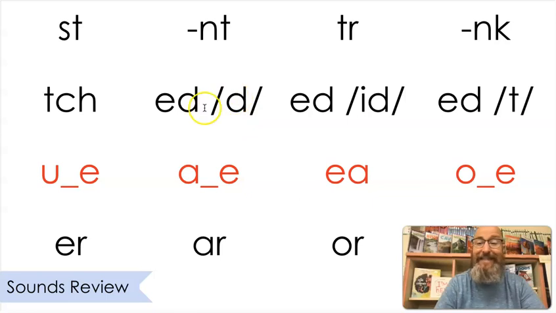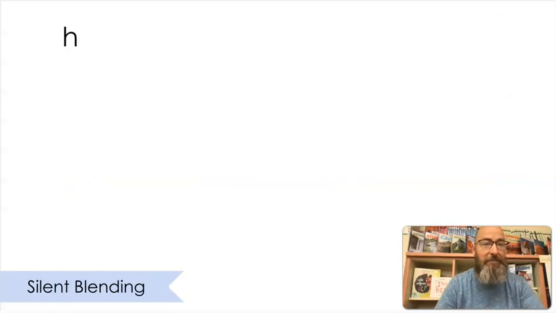It can say d, id, or t. U, a, e, sometimes a, o, r, or. You did great.